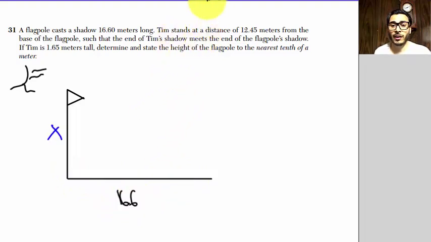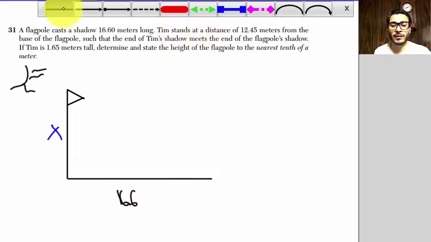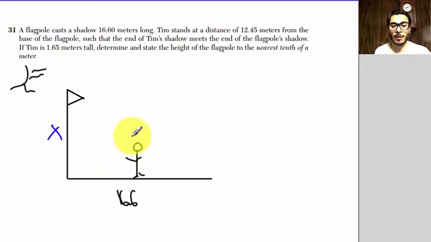All right, then it says Tim is standing at a distance of 12.45 meters from the base of the flagpole. So here's the flagpole, and I'm going to put Tim somewhere over here. There's Tim, happy Tim, that's a smiley face. It says that he's 1.65 meters tall, so let's make it 1.65.